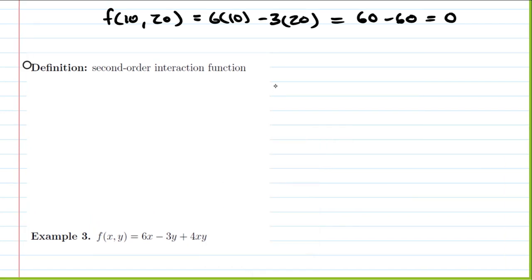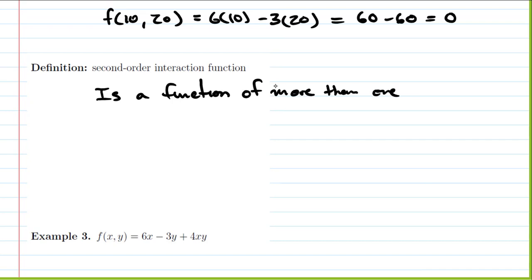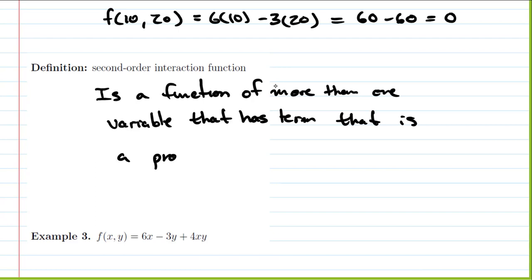So a second order interaction function is a function of more than one variable that has a term that is a product of exactly 2 variables.